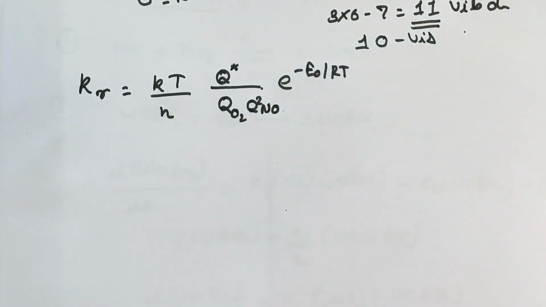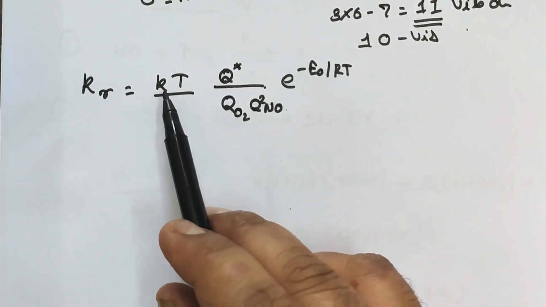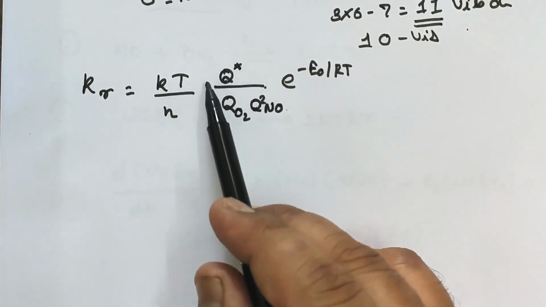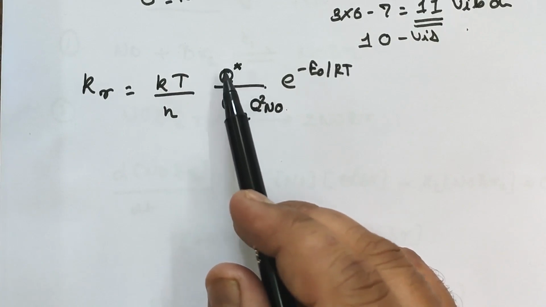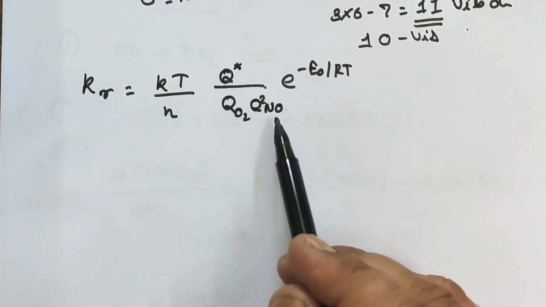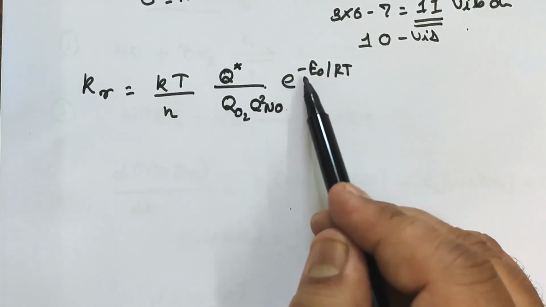Okay, so this is the expression for the rate as given by the absolute theory, and over here k is the Boltzmann constant, T is the temperature, h is Planck's constant, Q star is the molecular partition function of the activated complex, divided by the molecular partition function of the reactants, into e raised to minus E0 upon RT.